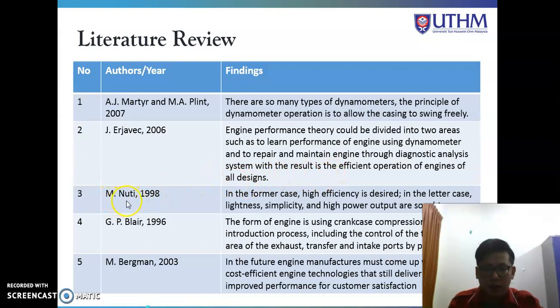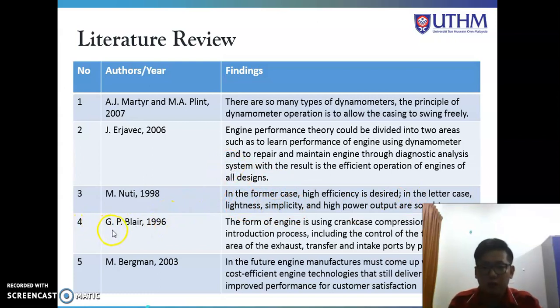Third, N. Nuti in 1998. His finding is, in the former case, high efficiency is desired. In the latter case, lightness, simplicity, and high power output are sought.